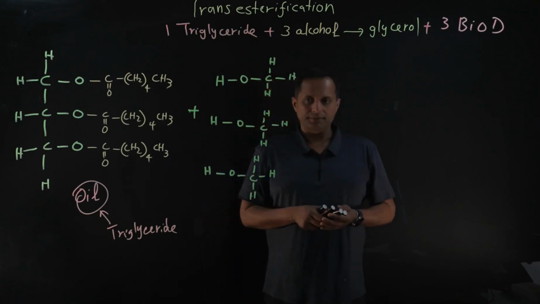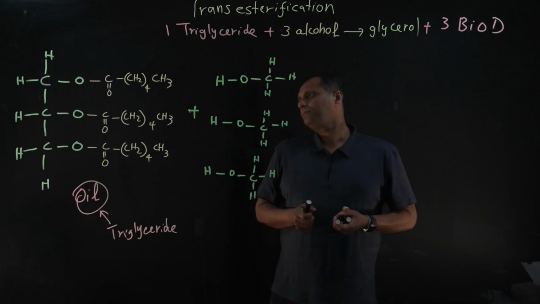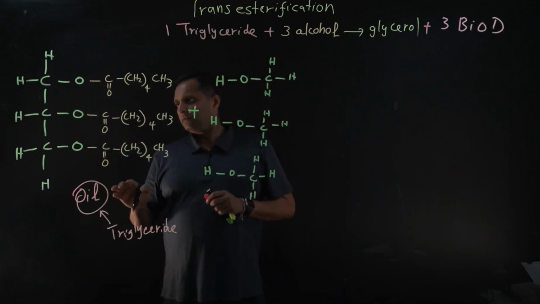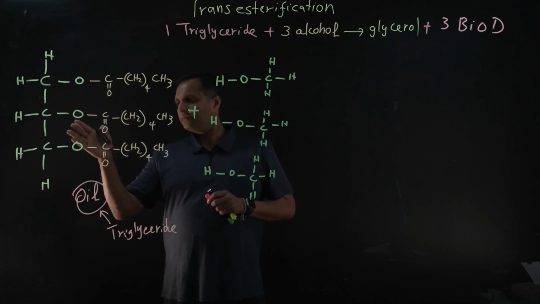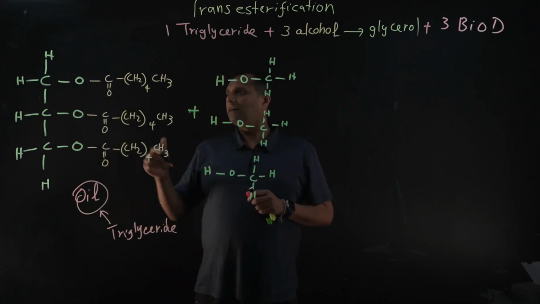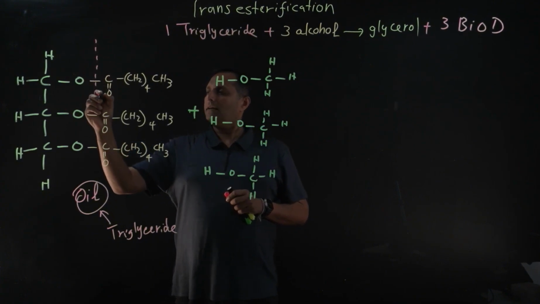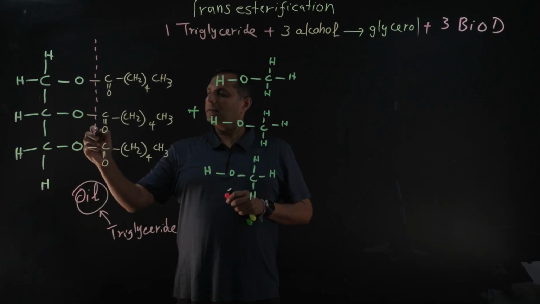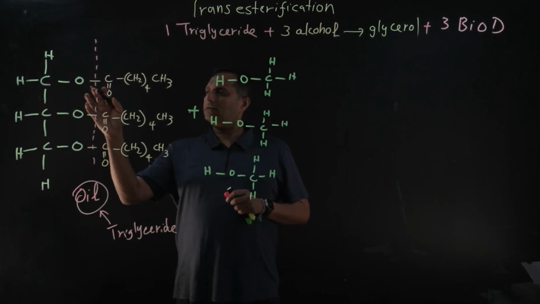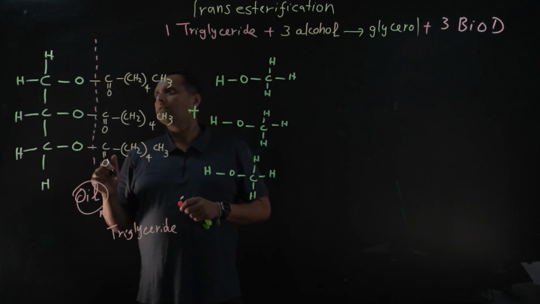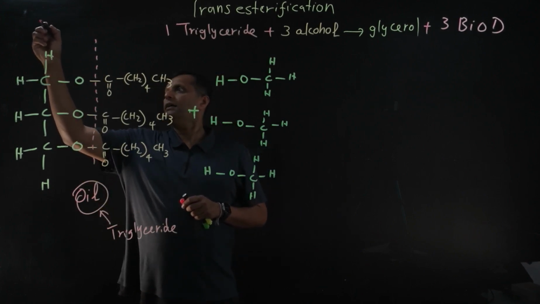First step is this. Write it down in your book. First step is go to the oil molecule or triglyceride and draw a line between the 2 oxygens of the ester functional group. Now you know that this is the ester functional group, right?